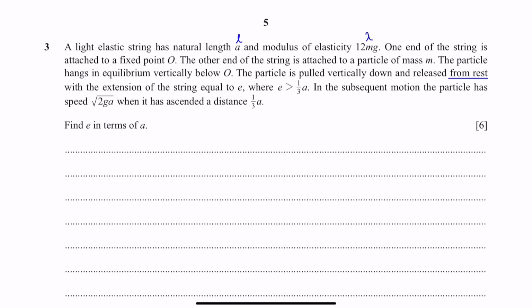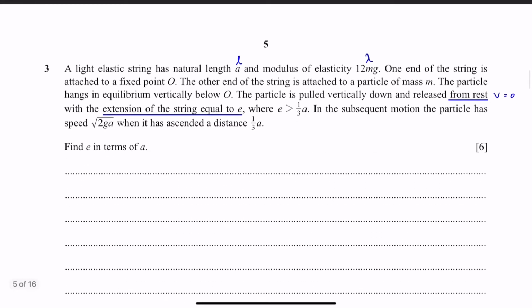So from rest means that v equals 0 with the extension of the string equal to e. So e would be the extension when it's pulled vertically down. In the subsequent motion, the particle has speed sub2 when it has ascended a distance of 1/3 of a.